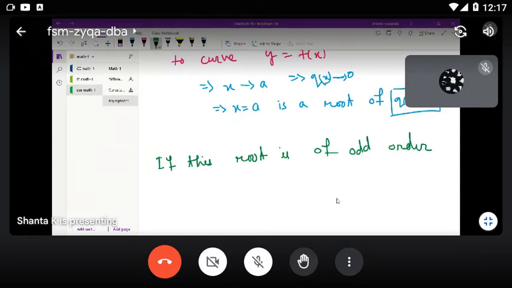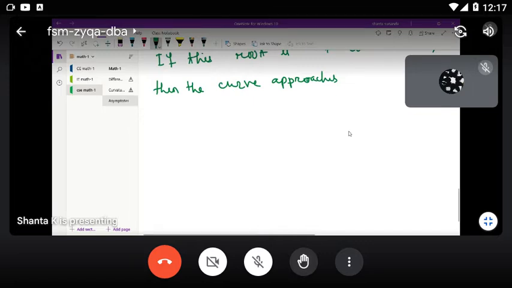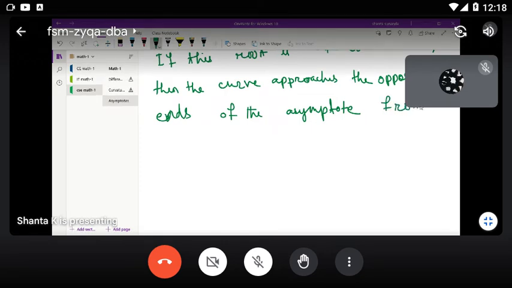Of odd order, the curve approaches the opposite ends of the asymptote from the two sides of the asymptote. Okay, two sides means both left and right.